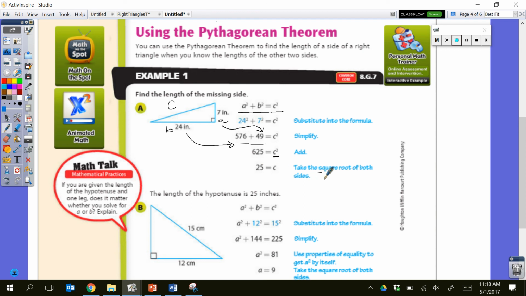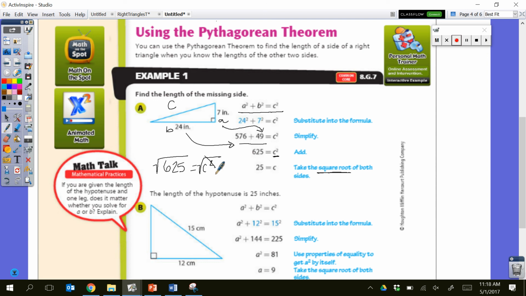Now we need to take the square root, and this is where we find a common error, right? So we have 625 equals C squared. The opposite of squaring something is finding the square root, so we're still using that inverse operation to solve.